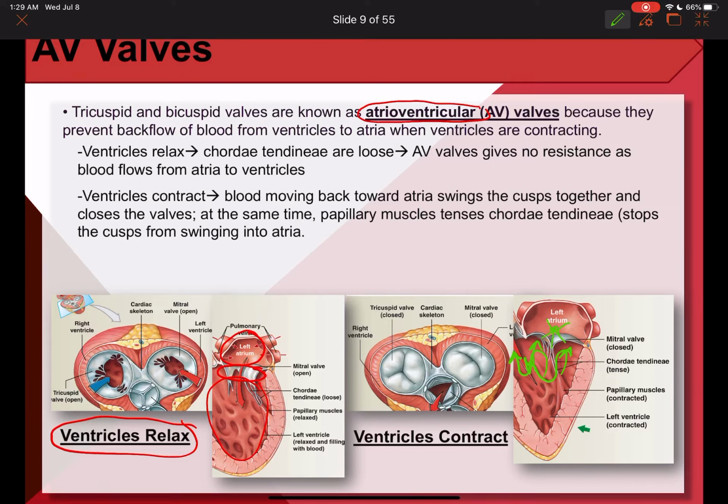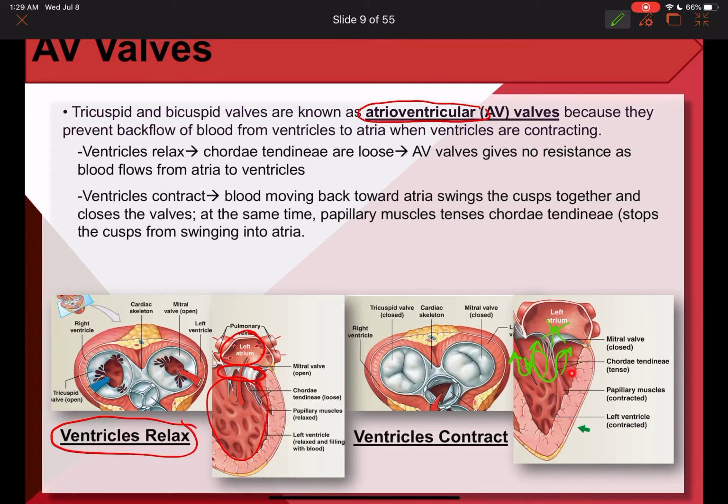All right, so when those ventricles contract, the papillary muscle here also contracts, which then pulls on these chordae tendineae, and it prevents those AV valve cusps from reversing back into the atria.